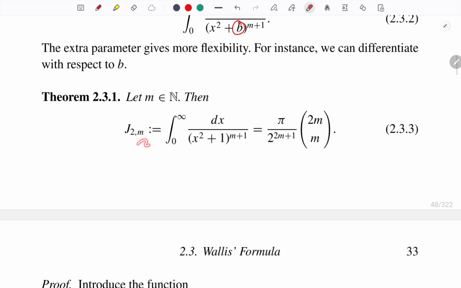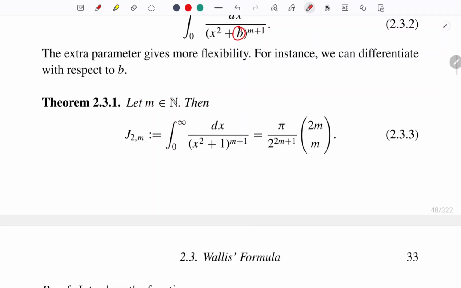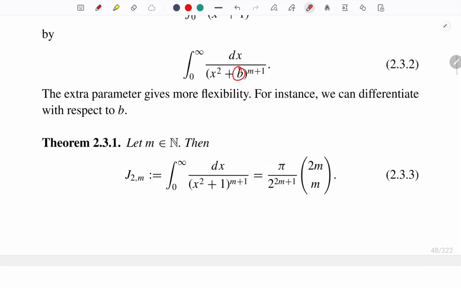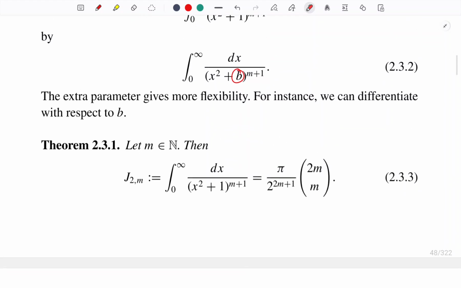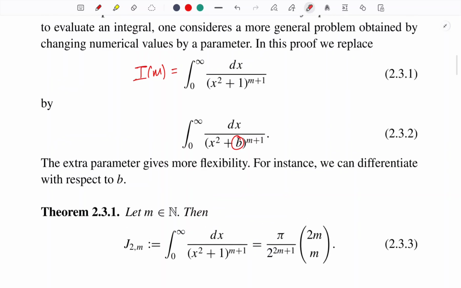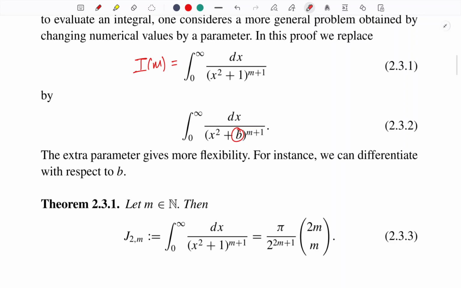Okay, what's this? I think it's a notation of some sort. Let me get it. If m belongs to the natural numbers, let's do it, let me think. We can differentiate with.